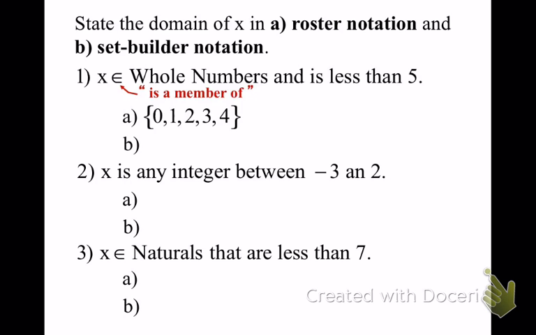Now, how do we write the set builder notation? We always write X is such that X, right? X is such that X is, and we write the rule. What group? So X is such that X is a whole number. And how do I show the second half with an inequality?